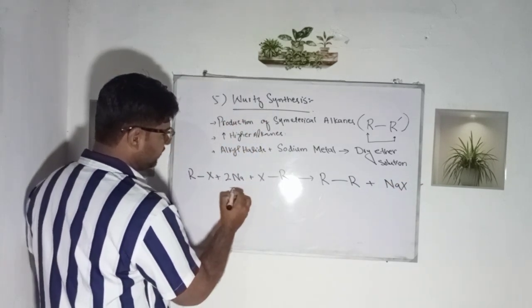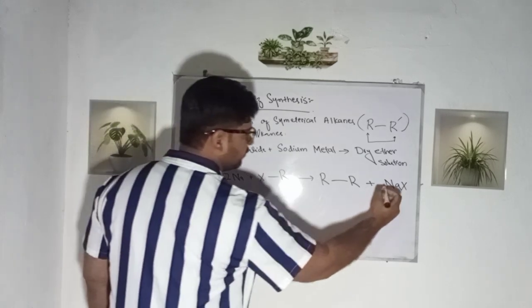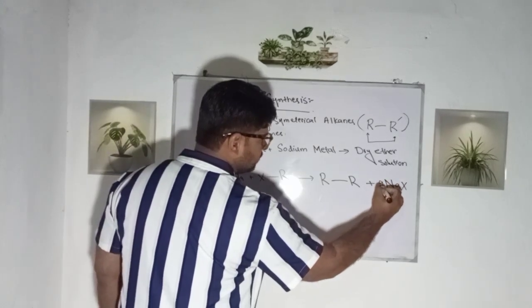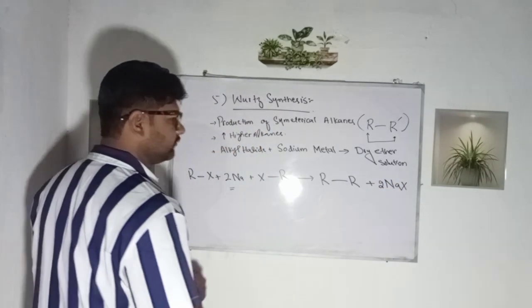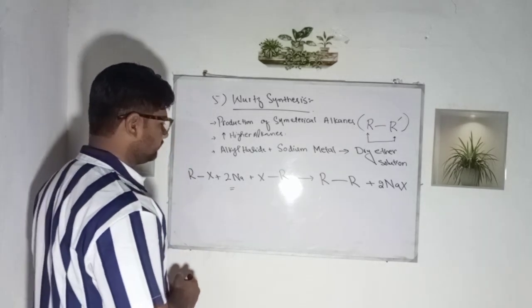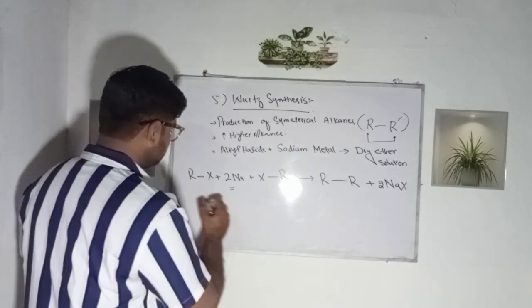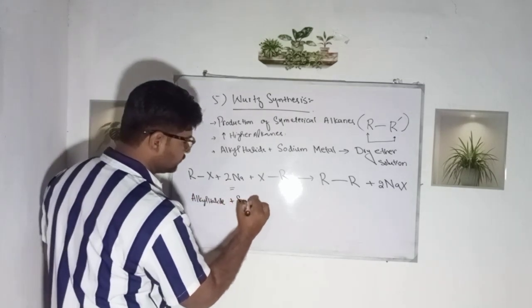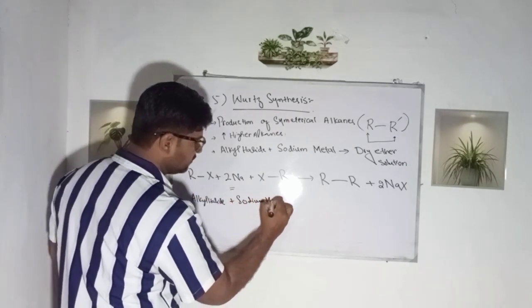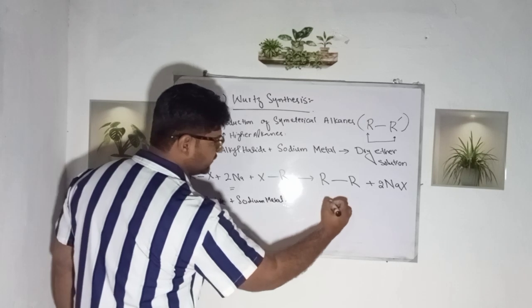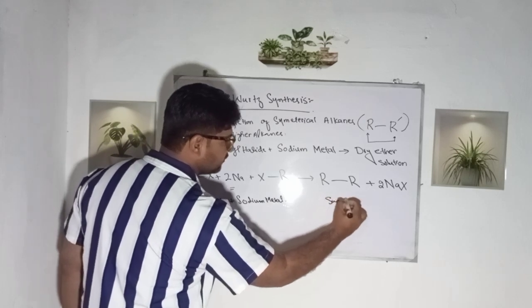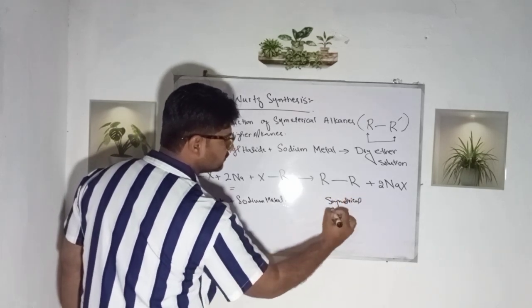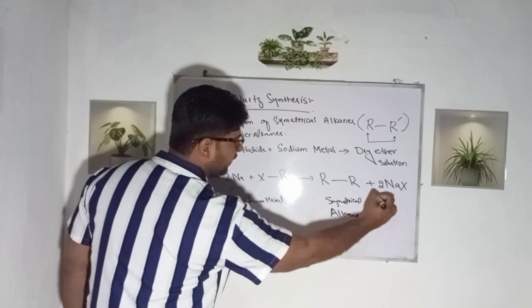Now the number of sodium atoms are 2, so we will say that two molecules of sodium chloride will form. So this one is alkyl halide, and here we have sodium metal, and it gives rise to symmetrical alkane and salt.